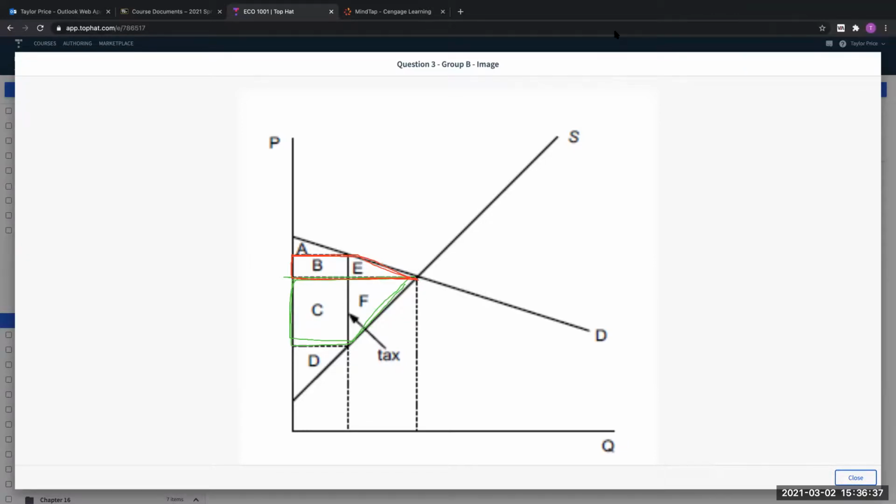So the first one, when supply is more elastic than demand, buyers bear more of the burden because demand is more inelastic. Switch elastic and inelastic, and then it's correct. So when supply is more inelastic, buyers bear more of the burden because demand is more elastic.